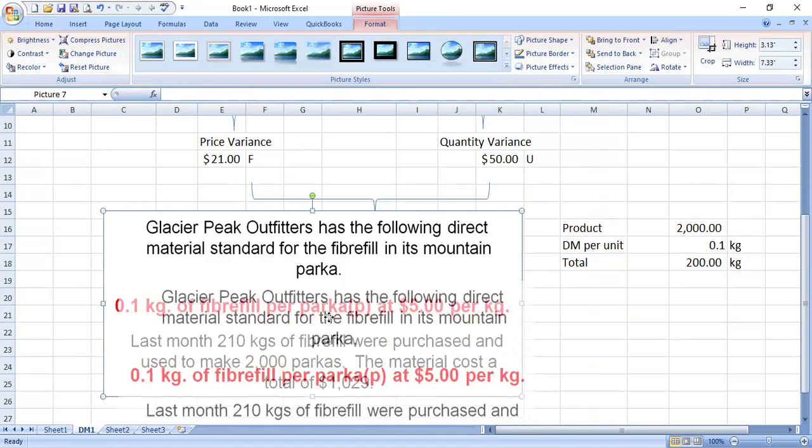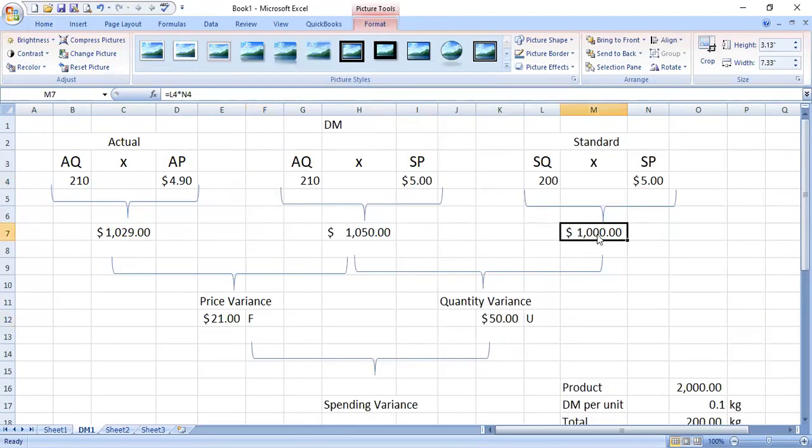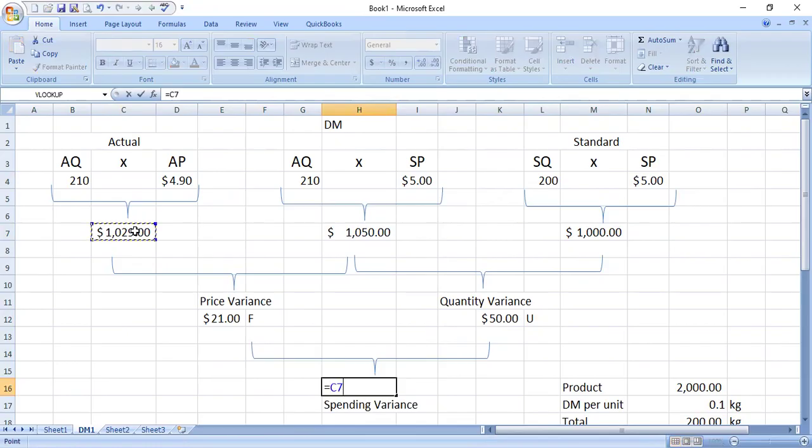So now let's see, where is my spending variance? By my standards, I'm supposed to spend $1,000. Actually, I'm spending $1,029. Where is my spending variance? Obviously, that will be 1,029 actual minus 1,000 standard, $29.